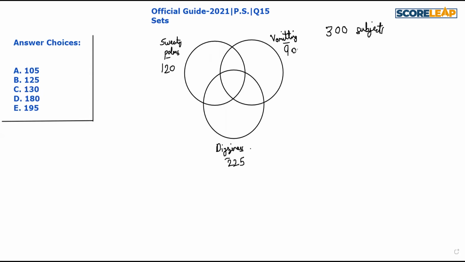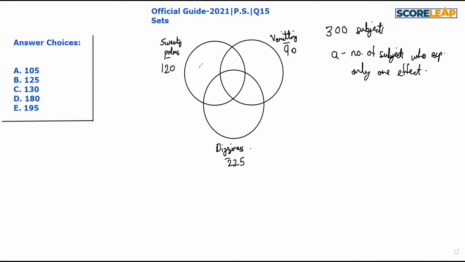Okay, so now let us take A as the number of subjects who experienced only one effect.